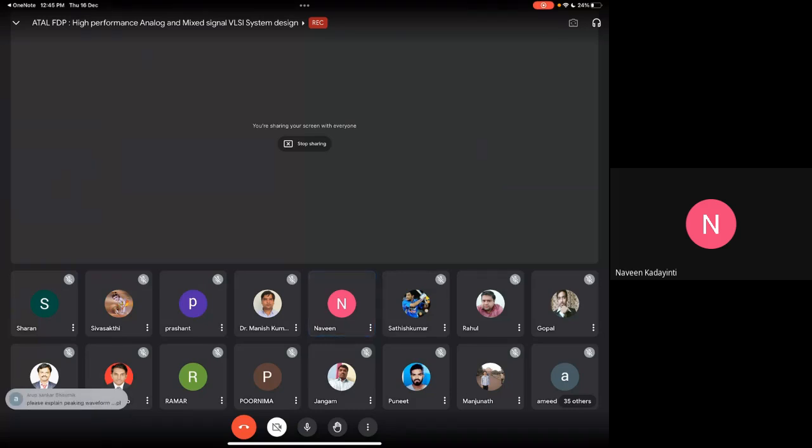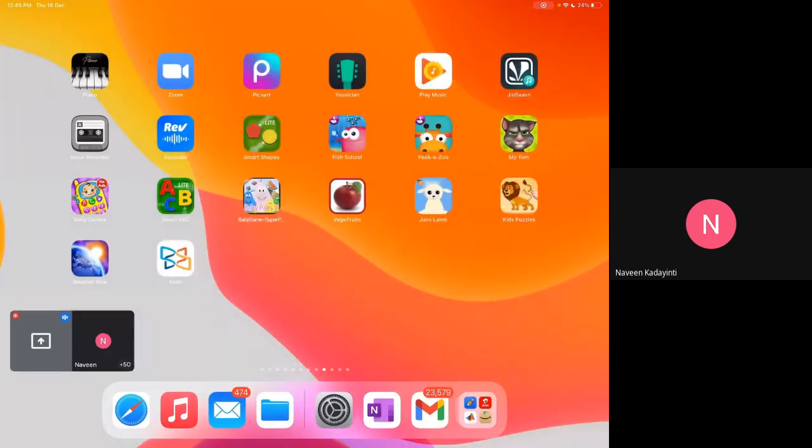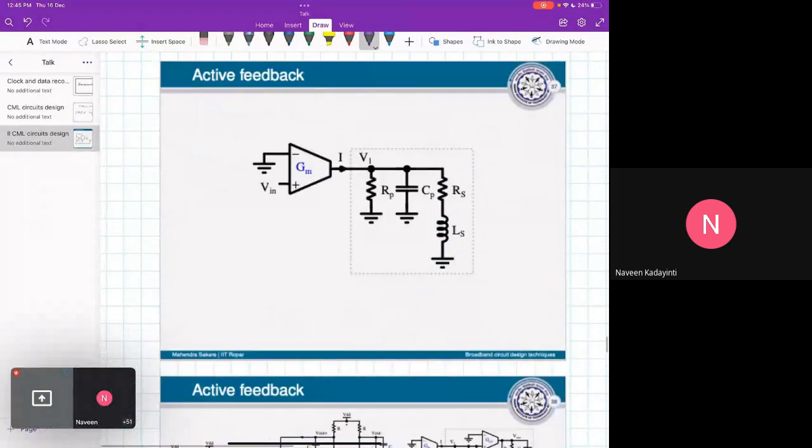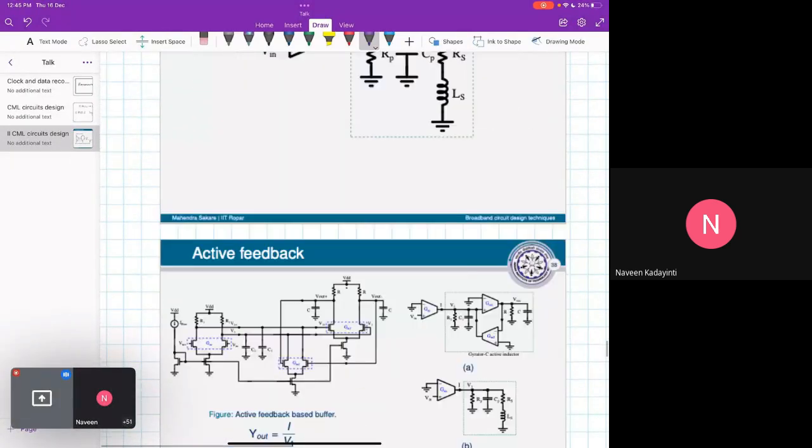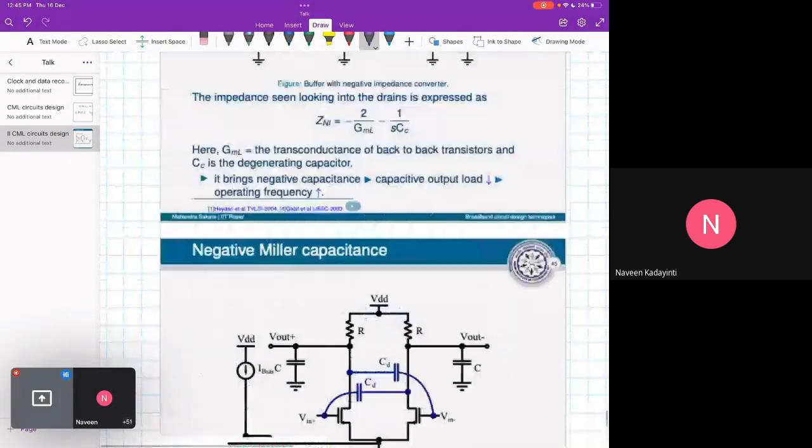Please explain the peaking waveform. Okay, so the peaking is more related to control systems.